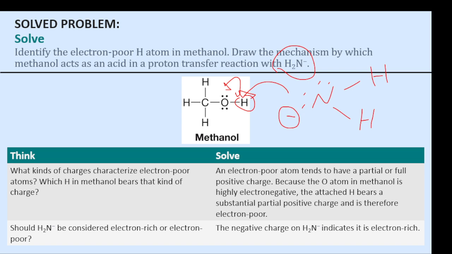Okay? This, by the way, are the same rules that you would use for assigning formal charges. So remember those rules that you assign formal charges back in the structure? Same rules. Most electronegative atom gets the negative formal charge, right? Least electronegative gets the positive formal charge. Now, they do have to go through bonds every time, right?